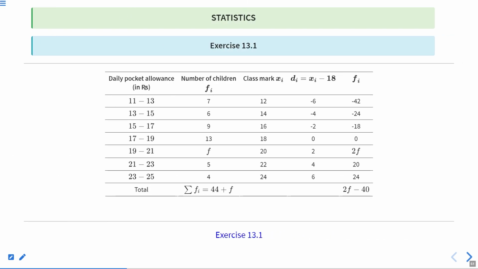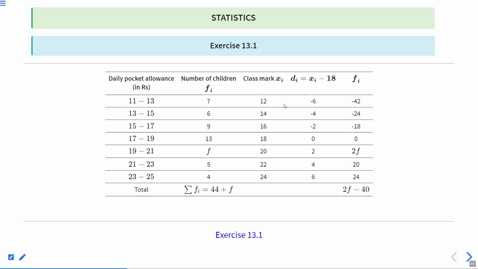Daily pocket allowance in rupees: 11 to 13, 13 to 15, 15 to 17, 17 to 19, 19 to 21, 21 to 23, 23 to 25. Number of children fi are 7, 6, 9, 13, f, 5 and 4.